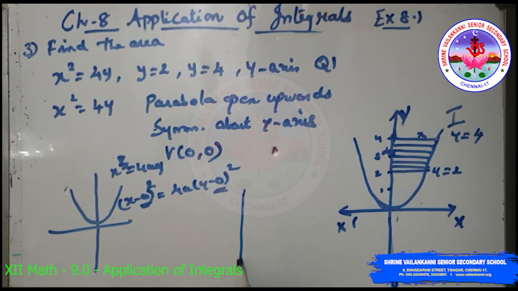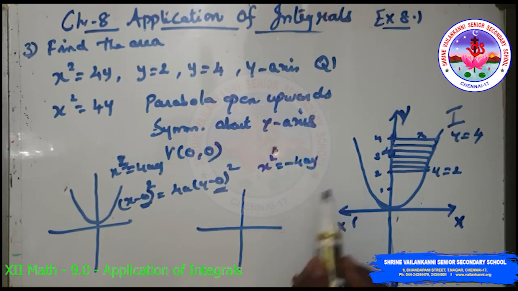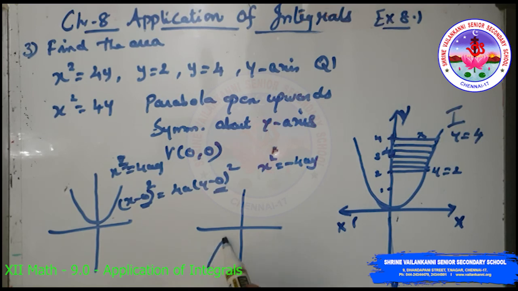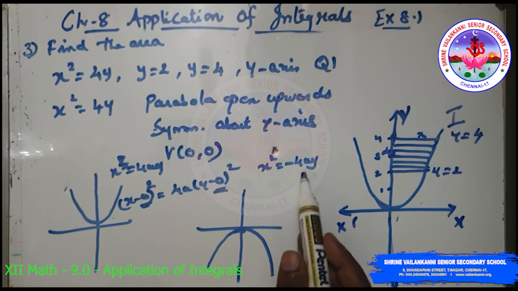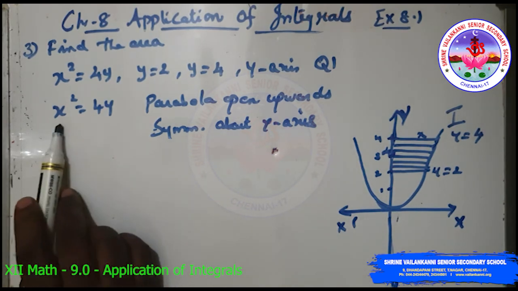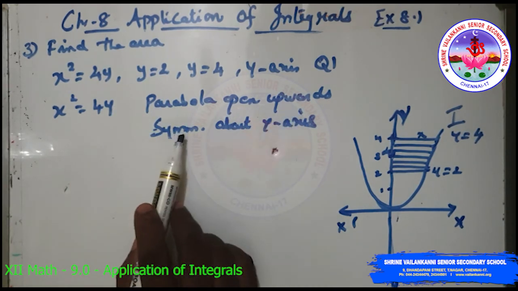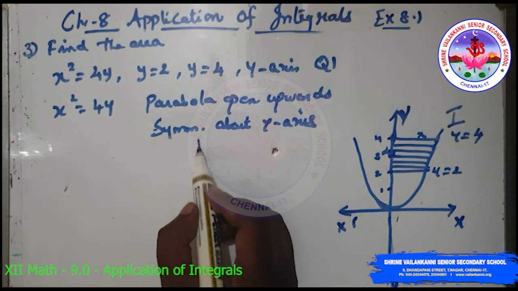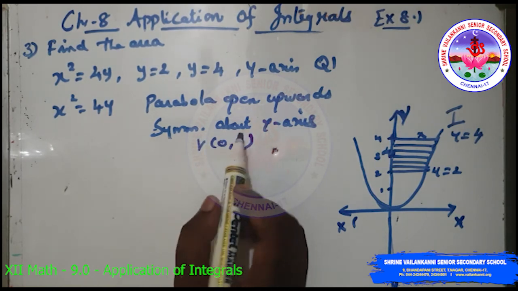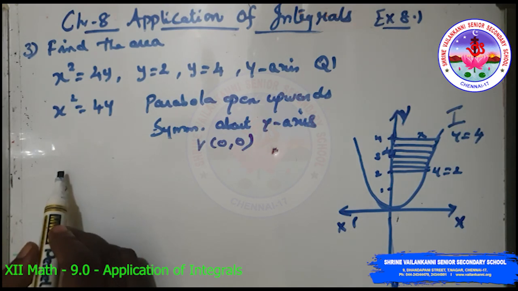Again, if x square equal to minus 4ay, it is the equation of a parabola opening downwards, and the vertex is 0 comma 0. Here the curve is x square equal to 4y, so the parabola opens upwards, symmetrical about the y-axis, and the vertex is 0 comma 0. So we have to find the required shaded region.